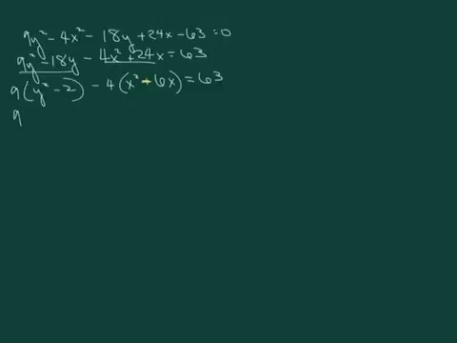Okay, now we're going to complete the square. So y squared minus, oops, I'm sorry, this is a y, minus 2y plus 1 minus 4 times x squared minus 6x plus 9 equals 63.